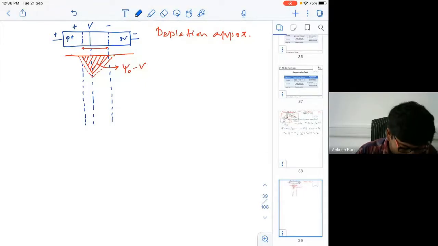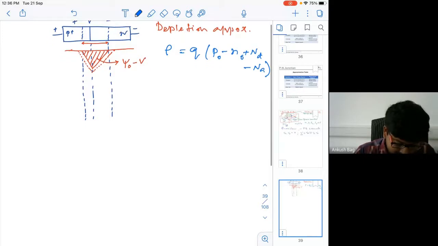in case of your equilibrium condition, we have seen that charge density rho equals Q times (p0 minus n0 plus Nd minus Na). So this is the charge density under thermal equilibrium.